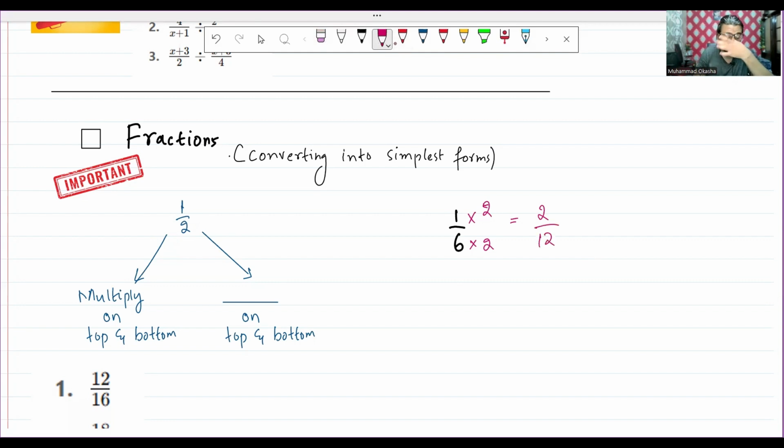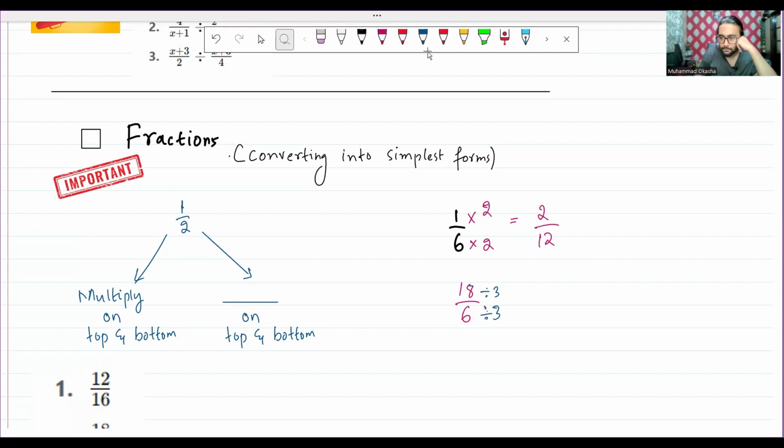Okay? Now, if I can multiply on both sides, can I also not divide on both sides? Kind of makes sense, right? Let's say I have this fraction, for example, 18 divided by 6. It looks like they're both multiples of 3. So if I can multiply both sides by a number, I can also divide both sides by a number, right?